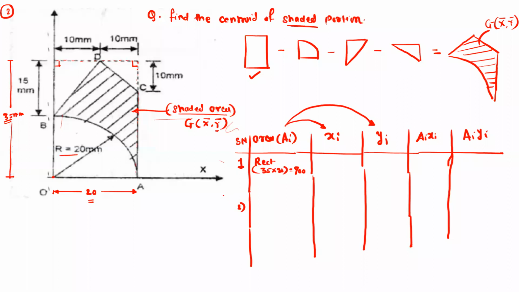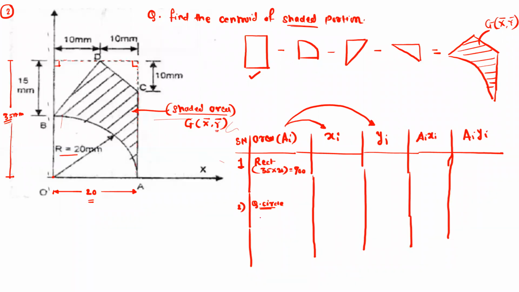Then the second geometry, which we will subtract from the rectangle, is the quarter circle. The geometry that we subtract from the first geometry, consider the sign as negative.